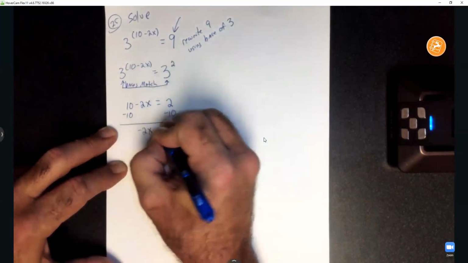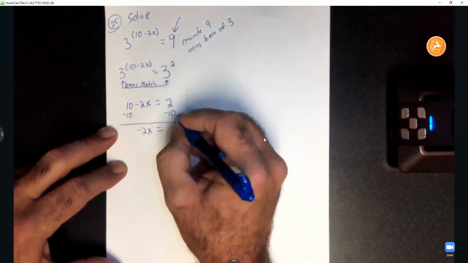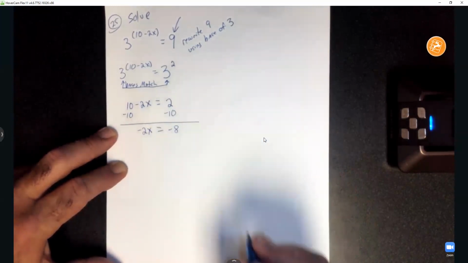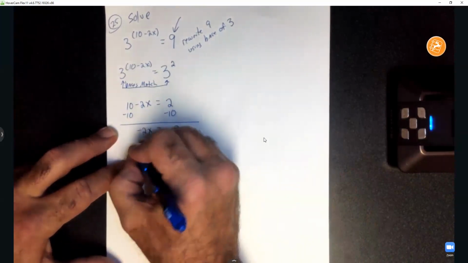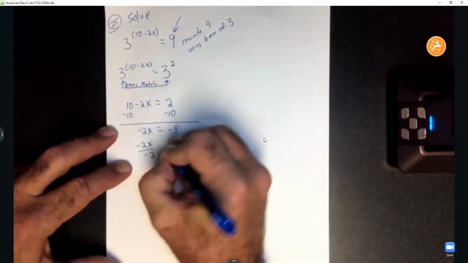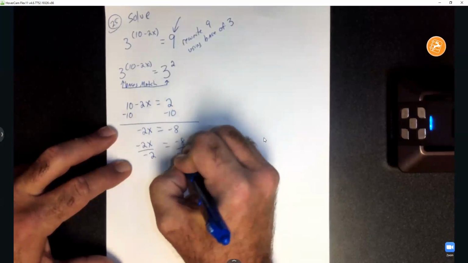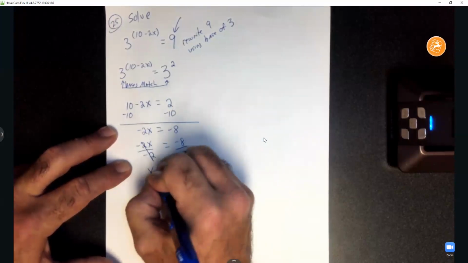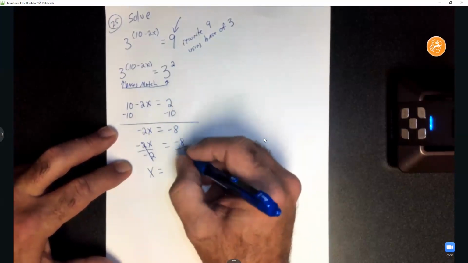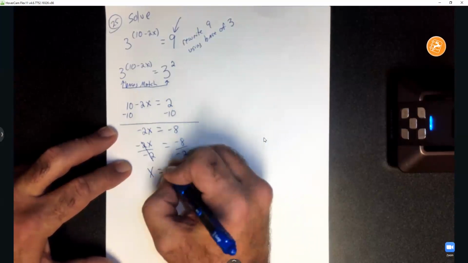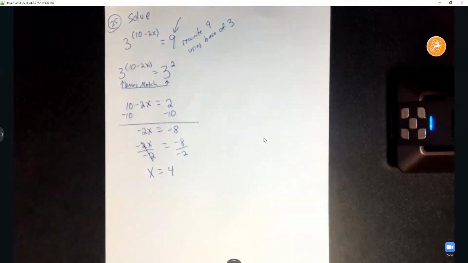So negative 2x will equal, let's see, 2 minus 10 is negative 8. Divide both sides by negative 2. Well, that cancels. X equals, negatives cancel. So 8 divided by 2 would give me a positive 4.